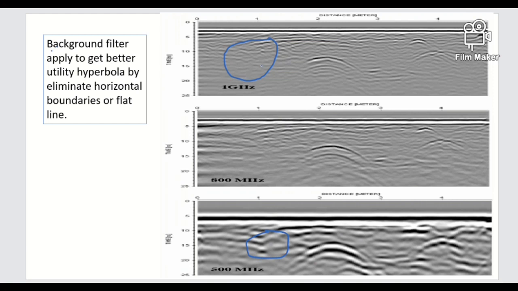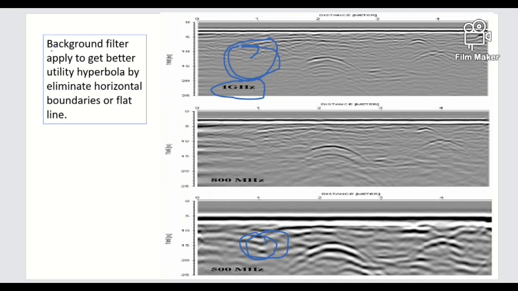If we use a one gigahertz frequency GPR, we can detect this type of image, and when I apply the background filter, we can see this type of image of the same data or same ground surface.